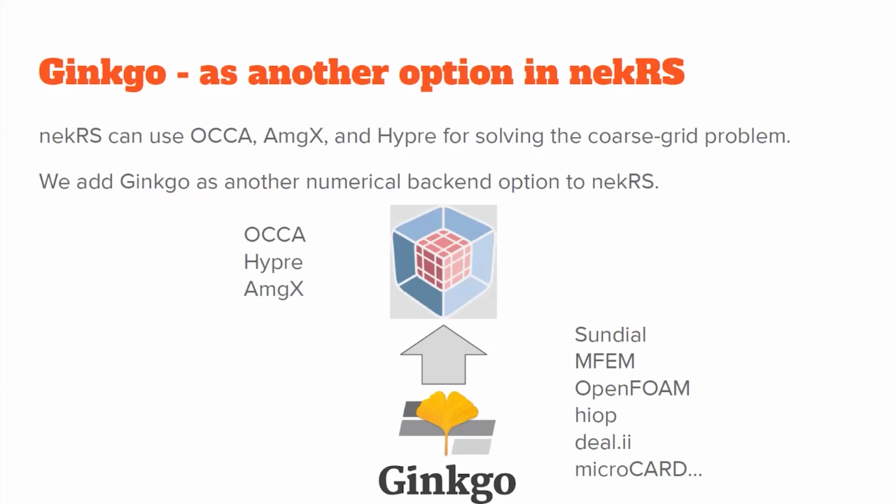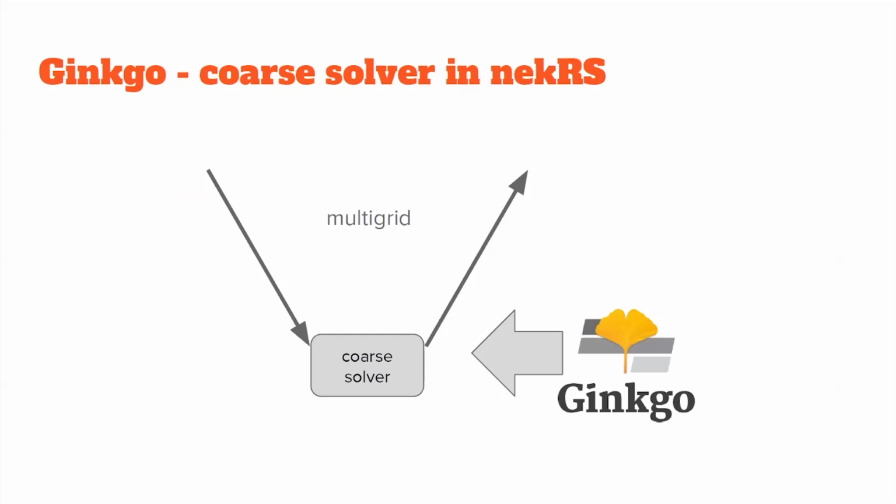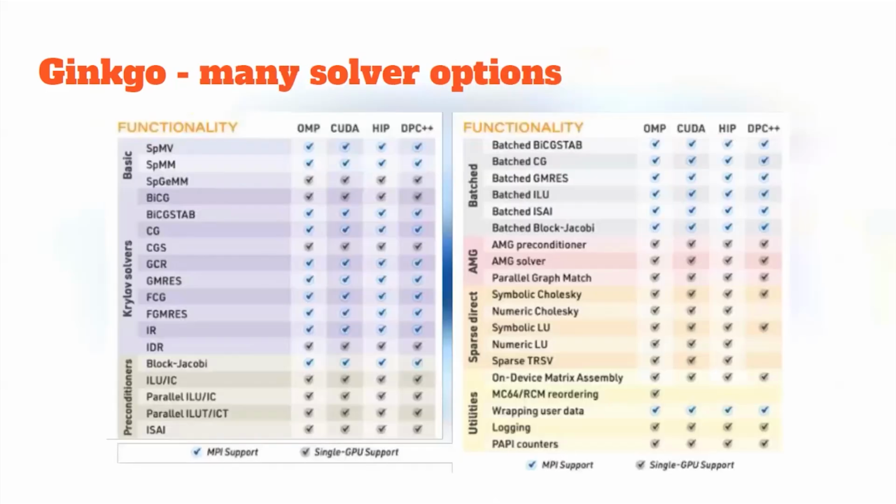So we add Ginkgo as another option. In NekRS, they will perform the matrix multiply here, and our effort is to change the coarse solver, bringing different solver options to the coarse solver in NekRS.